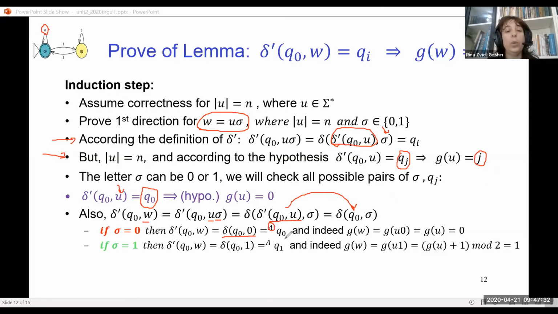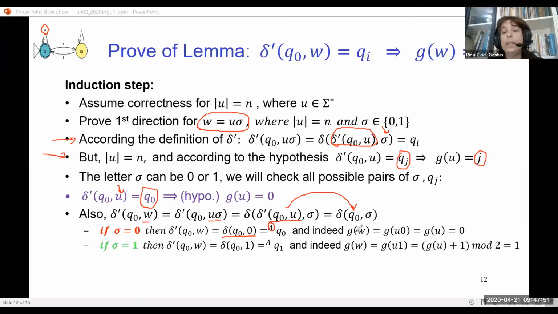So now when we added an additional 0, we didn't change the number of ones in word W. We stayed at 0.